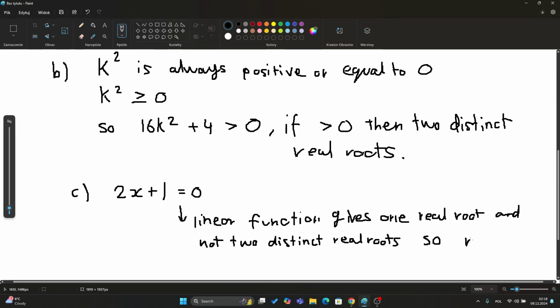So no distinct real roots when k is equal to 0.